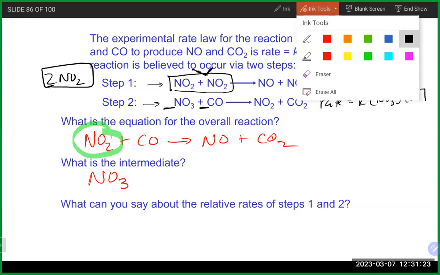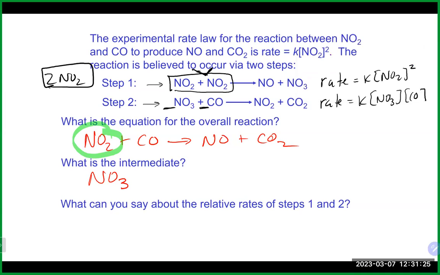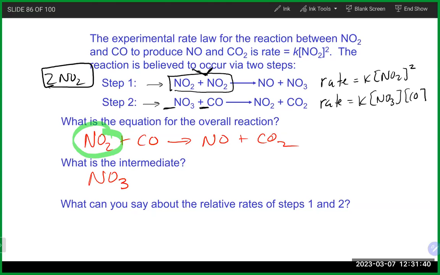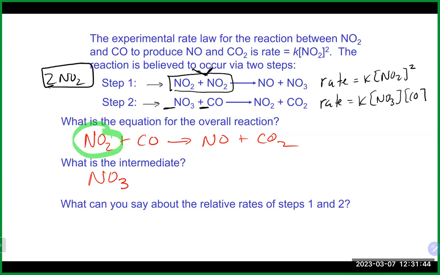All right, so which one of these is the rate determining step? Which one's the slow step in the mechanism? It is the first one. Remember that the rate determining step, which is the slow step of the mechanism, should have a rate law that matches the one that was found experimentally. This is the one found experimentally, and that matches perfectly the rate law that we see on the first step.